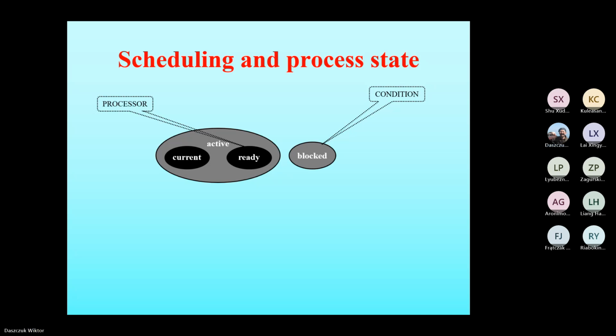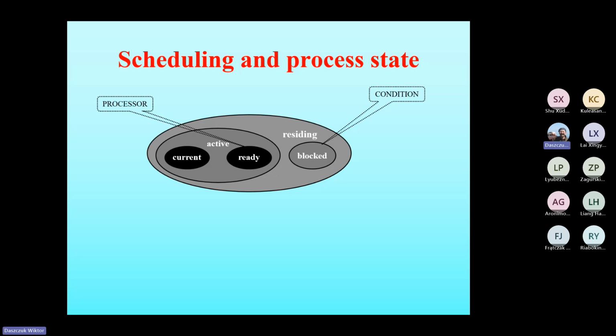And I explained to you that blocking and unblocking is typically judged on a higher level of abstraction. It's not in the kernel. We can treat those two as a common state residing in memory.